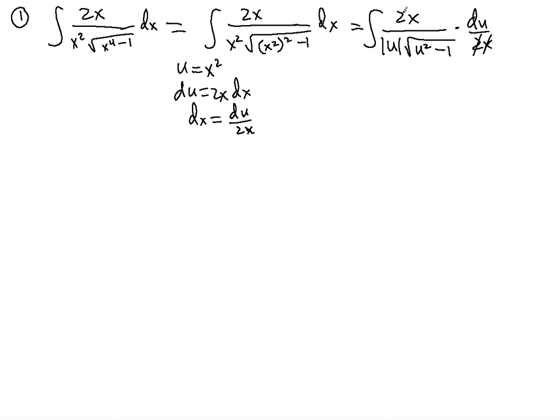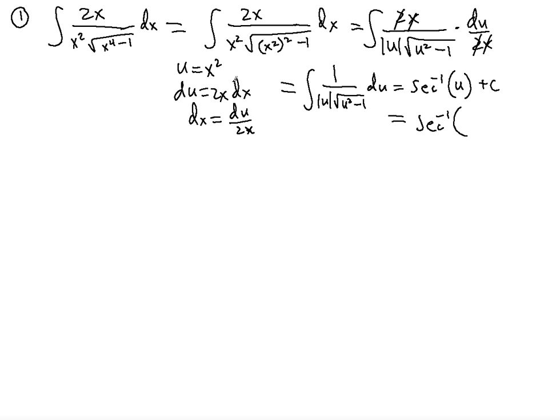So the 2x's get canceled, and we have 1 over the absolute value of u times the square root of u squared minus 1 du, and that's exactly what we want, and that will give us arcsecant of u plus a constant. Substituting back to x, because we started with the x variable, we get arcsecant of x squared, because u is equal to x squared, plus a constant.